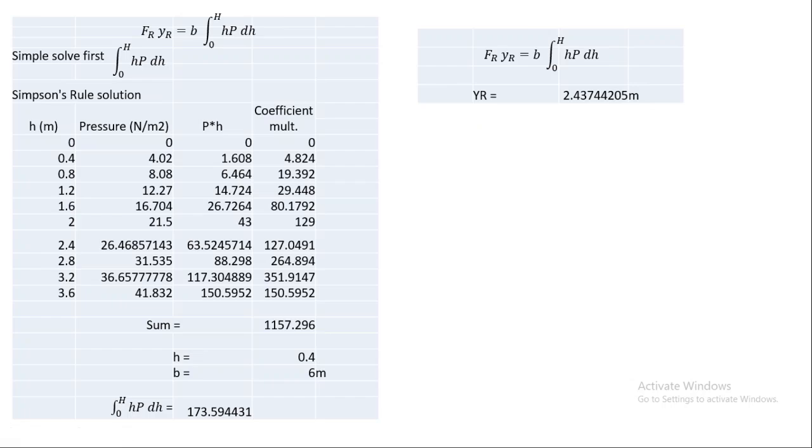So this is again a numerical in which we understand how we can resolve it, how complex it is if the specific weight varies from position to position, and how easy it is when the specific weight is constant.